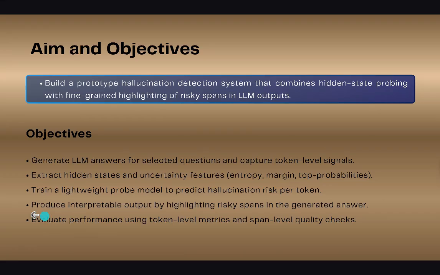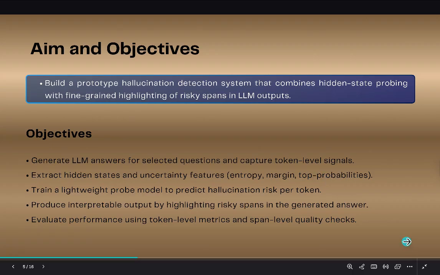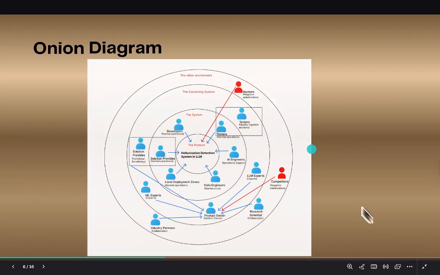And then evaluate the results using token-level and sample-level checks. These are my objectives. Next I will go with the onion diagram.